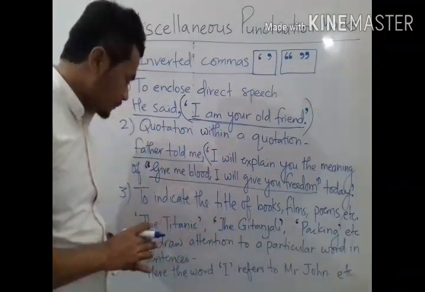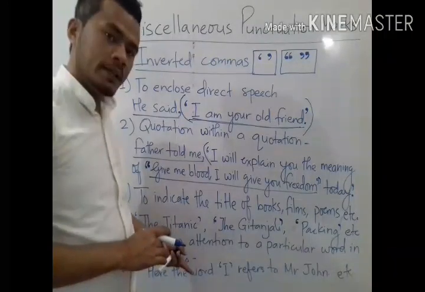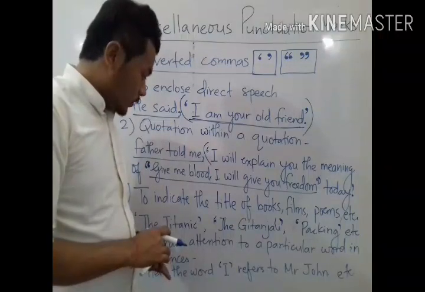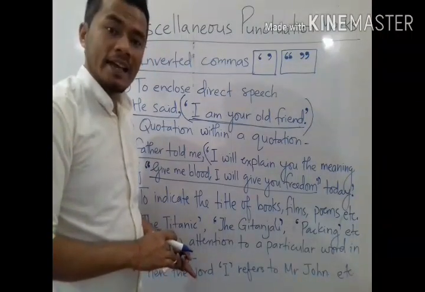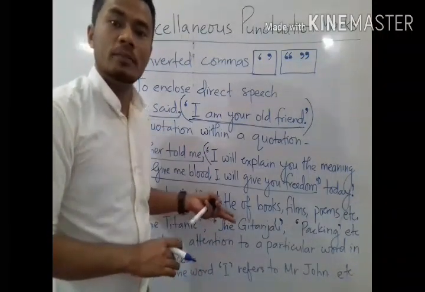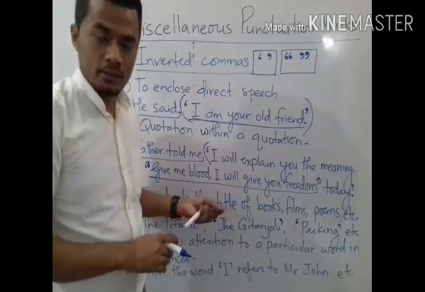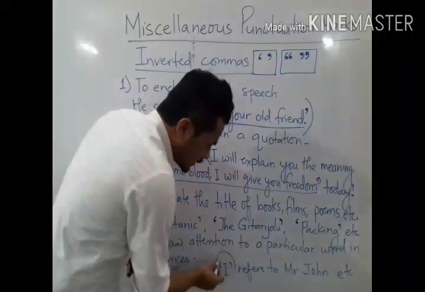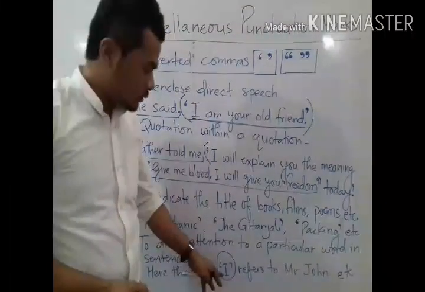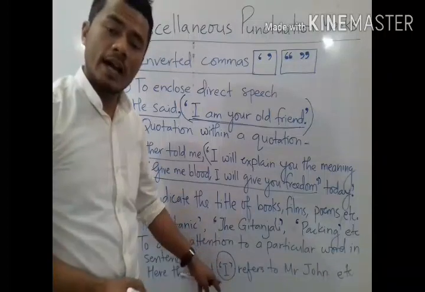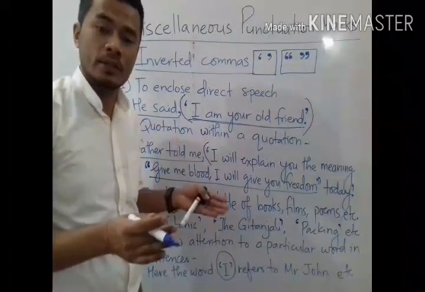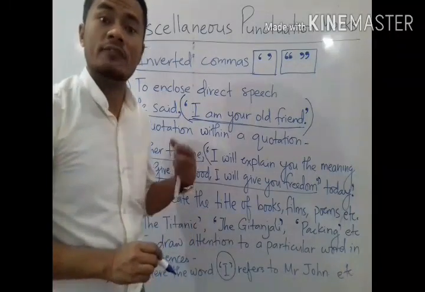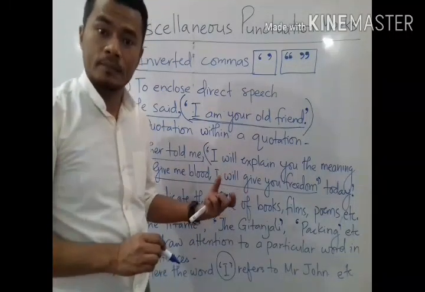Like here, it should sometimes be written like: who does the word 'I' refer to in the above sentence. So here the word I, we are emphasizing, we are giving attention to the word I. So here I should be written in capital as well as with inverted comma, single inverted comma, because we are emphasizing that particular word I.